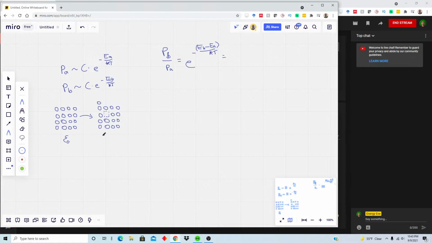This introduces what's known as a defect formation, a vacancy formation. And this increases the energy of the system. We'll denote this by an additional energy, EF.